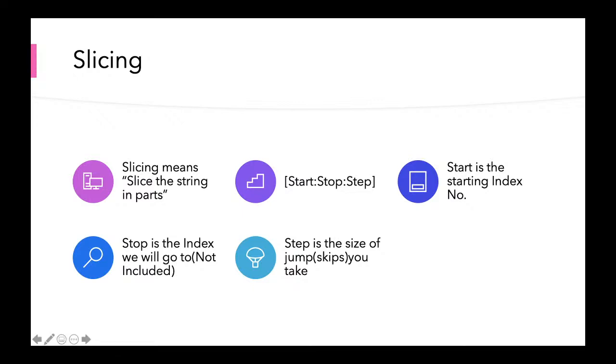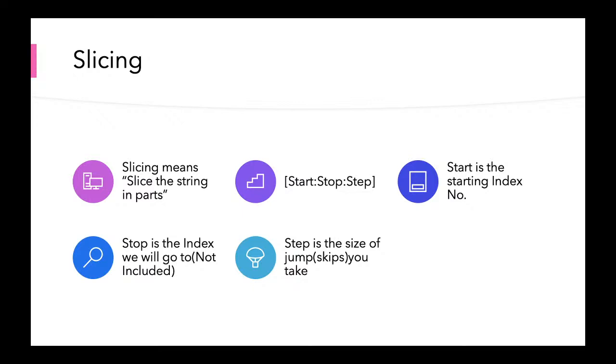So there is a particular syntax for this as well. This also uses square brackets. The first number will be start, then stop, and then how much step. I'll explain that. First let's go through this theoretical part, then we'll see it in the practical approach. Start is the index number. So slicing and indexing are interconnected.